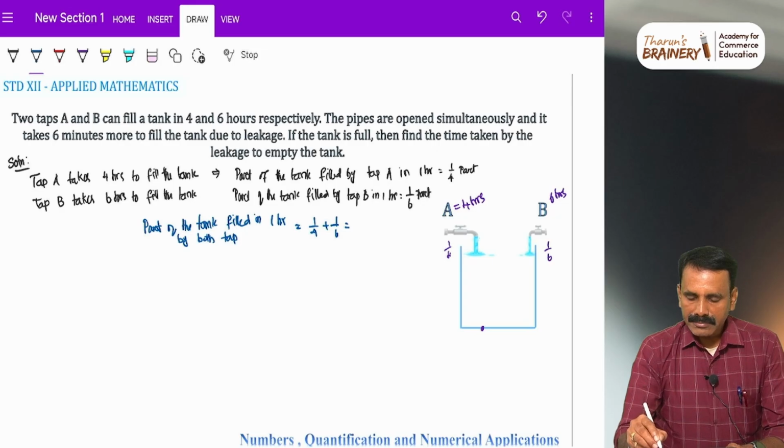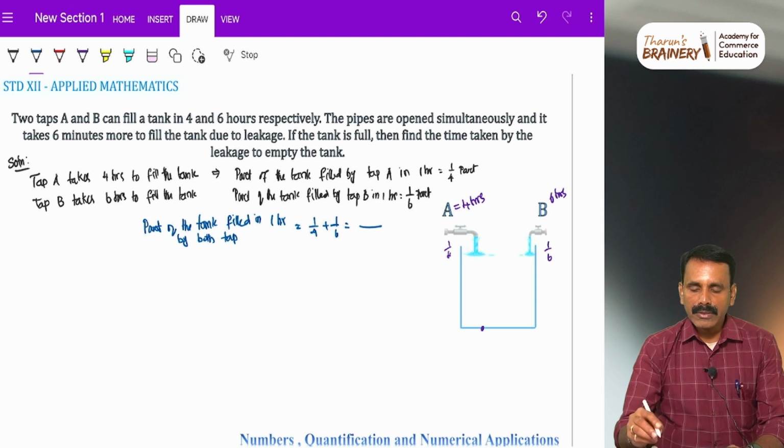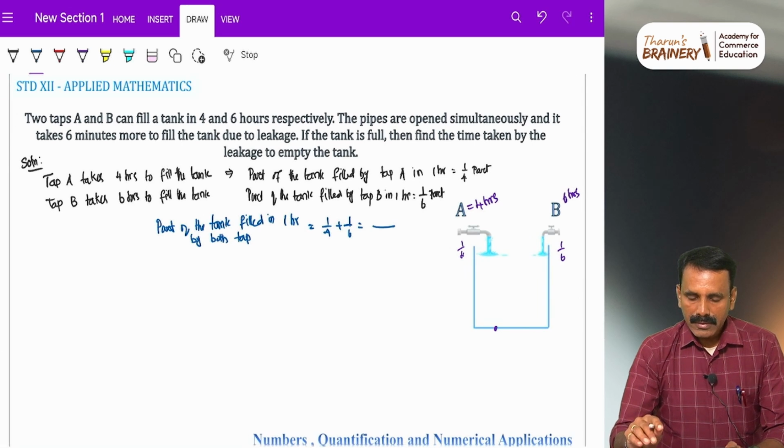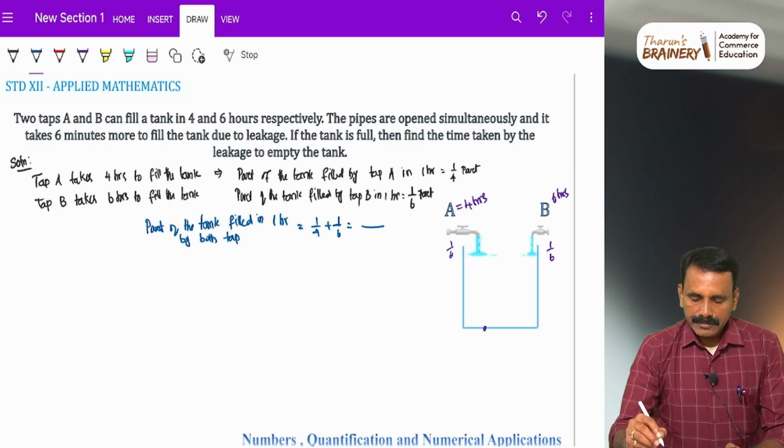So, we take LCM. We are finding the time taken to fill the tank when they are operated together. LCM will be 12.